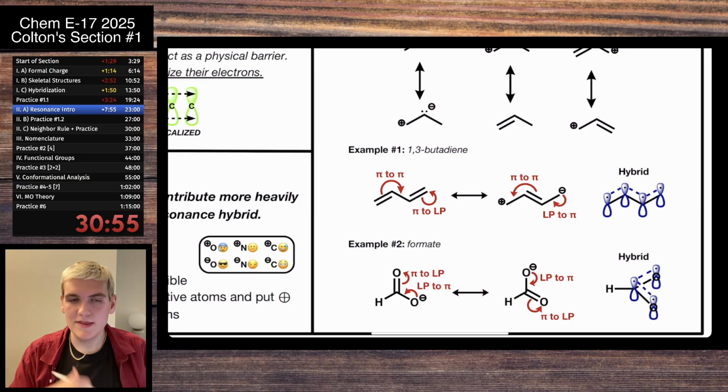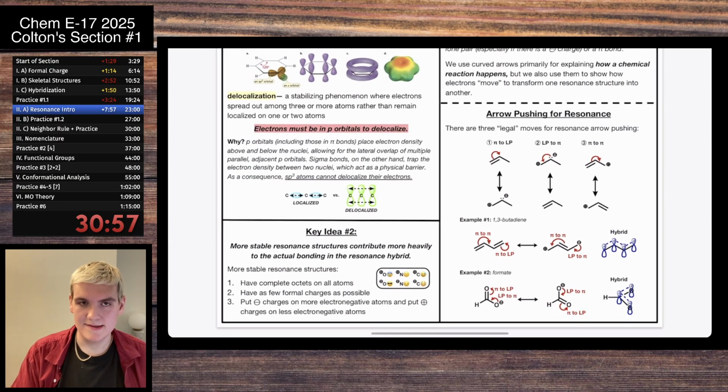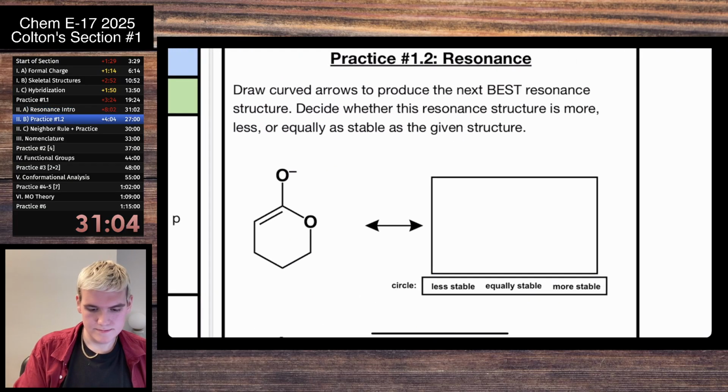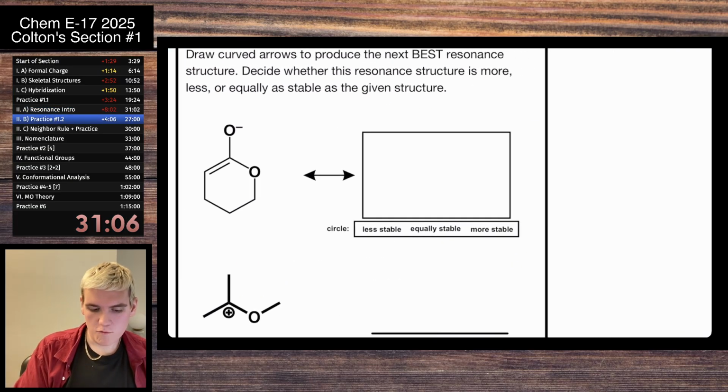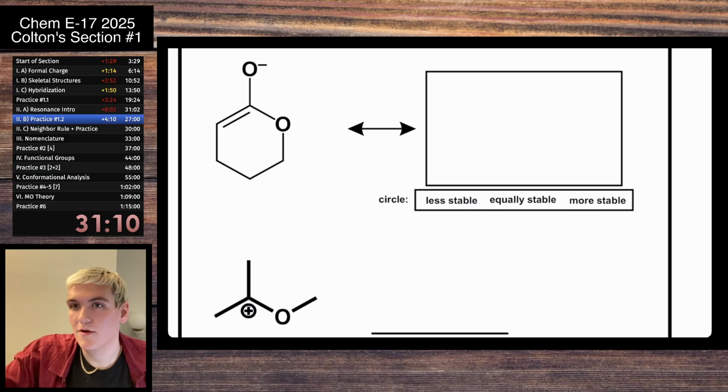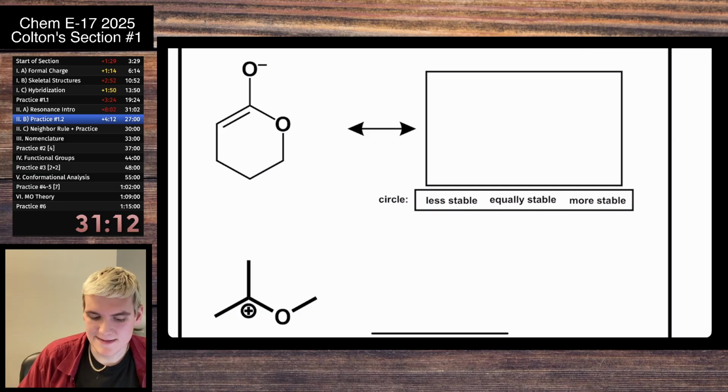But why don't we try to put this resonance stuff together with an exercise? So here, I have one. This is not on the handout, but I wanted to give us a little more practice with resonance just because it can be a little tricky.